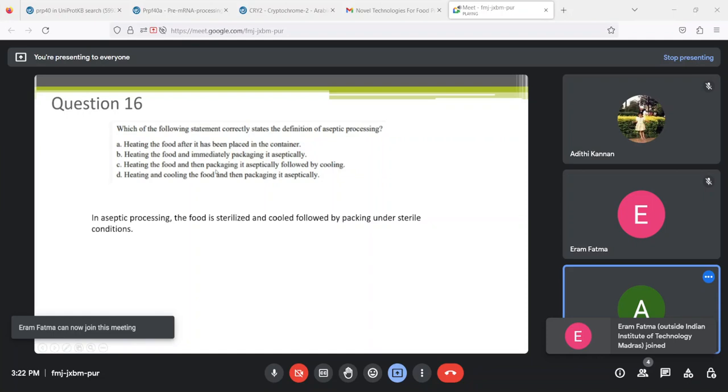Then you will have the aseptic container as well, and these will be packaged in an aseptic condition. So everything needs to be maintained in a sterile condition for the entire process of aseptic packaging. So the answer is option D.